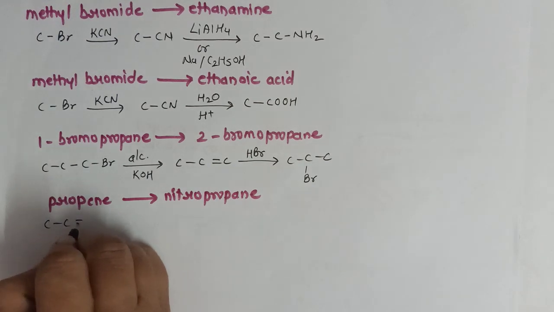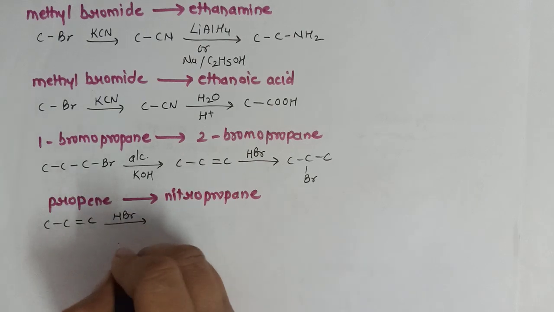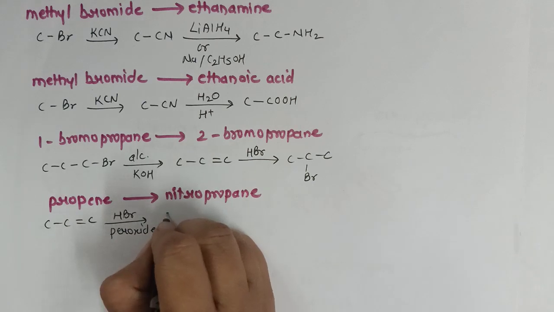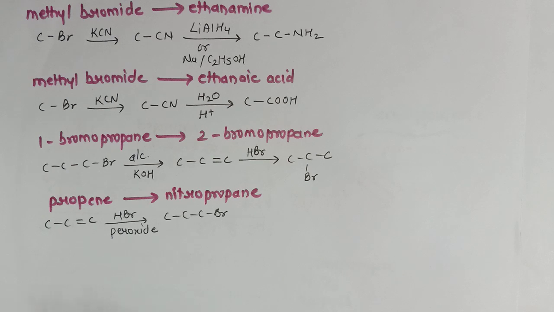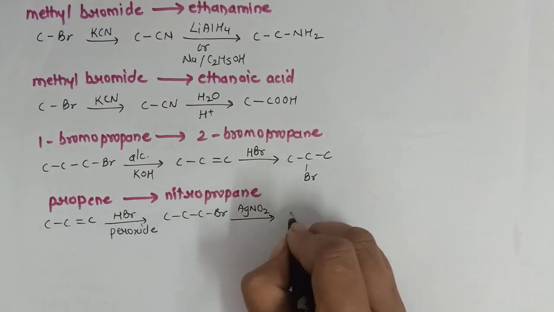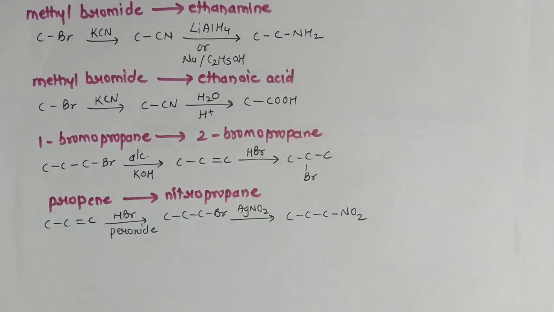So first of all, propene will be treated with HBr in presence of peroxide. So bromine gets added at the first carbon atom. Now we can treat it with silver nitrite and we get 1-nitropropane.